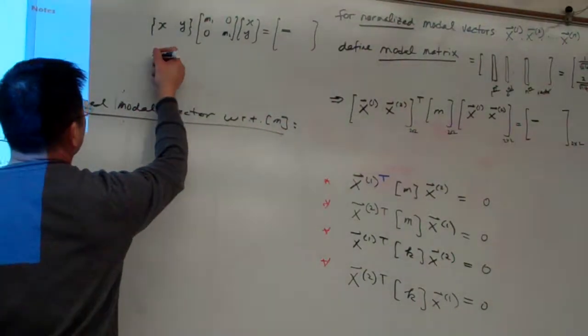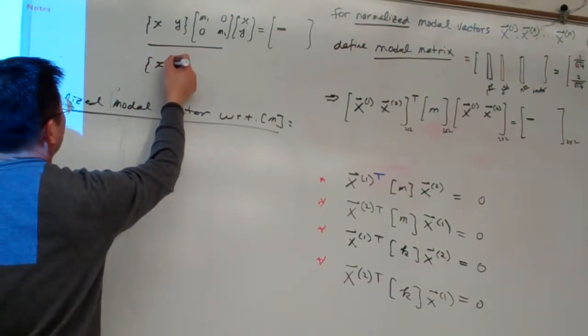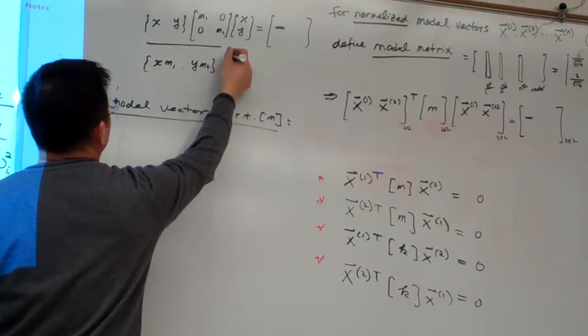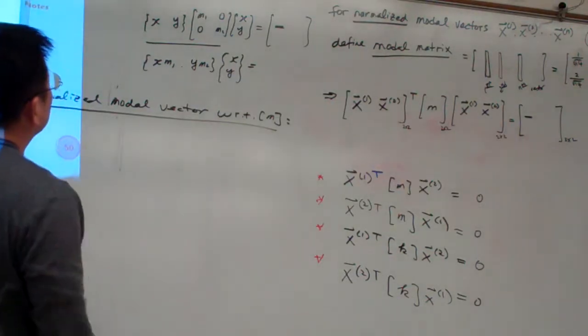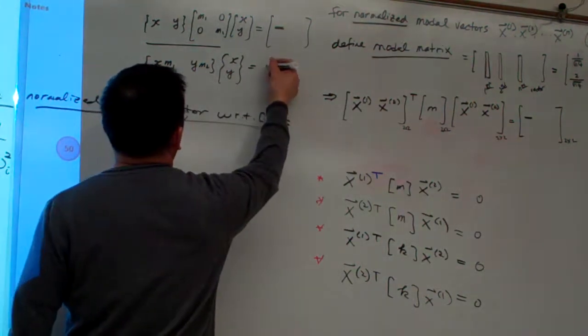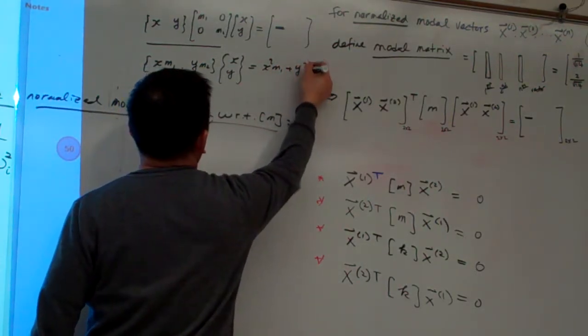So basically here we implement the operation of the Q will become X times M1 and Y times MQ. So that is XY. So that becomes X squared M1 plus Y squared MQ.